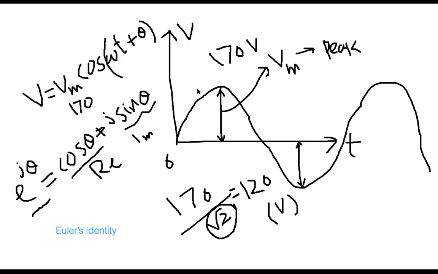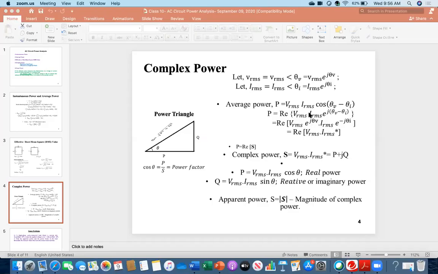So based on that, my very first line was VRMS IRMS cosine of theta, which is the real component of this. Now do you get it?